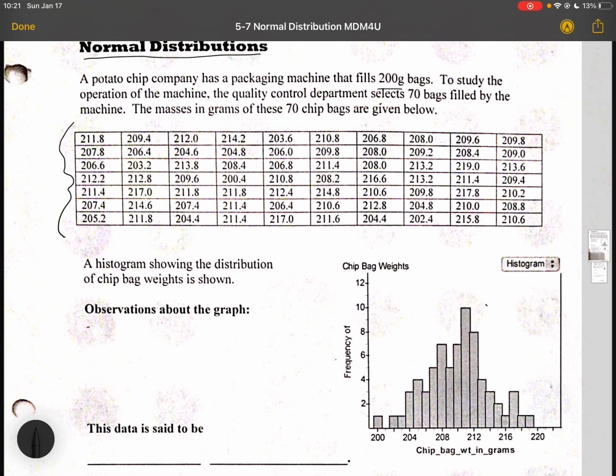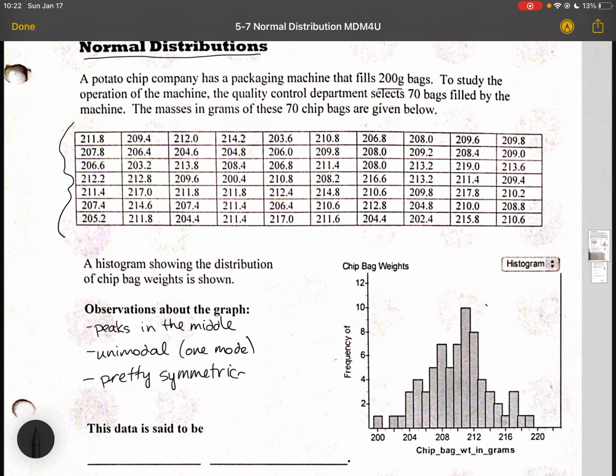So some observations that we can make here is that the graph peaks in the middle. It is unimodal, or has one mode. It's pretty symmetrical. Not perfect, but pretty good.